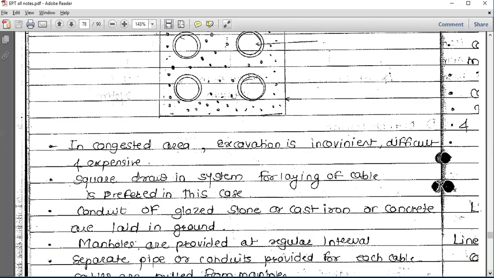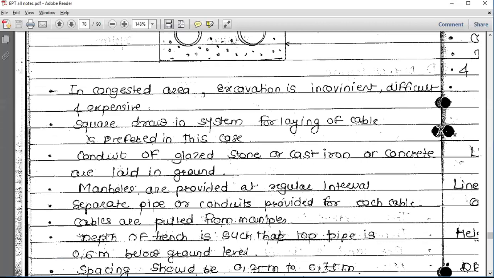The next, conduits of galvanized steel, glazed stone, cast iron or concrete are laid in the ground. That means this square duct can be made of cast iron, concrete or glazed stone.